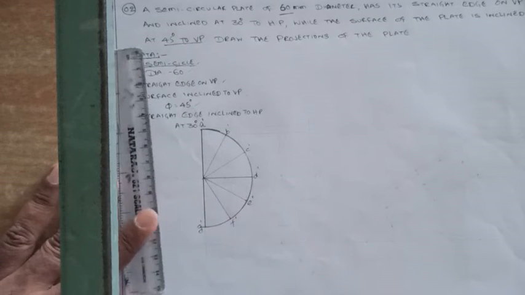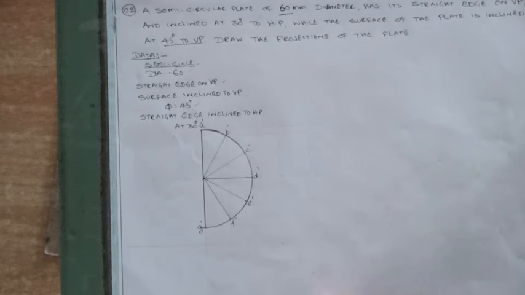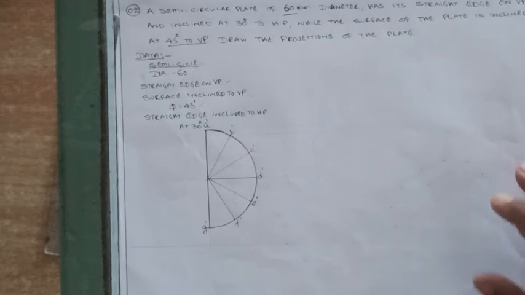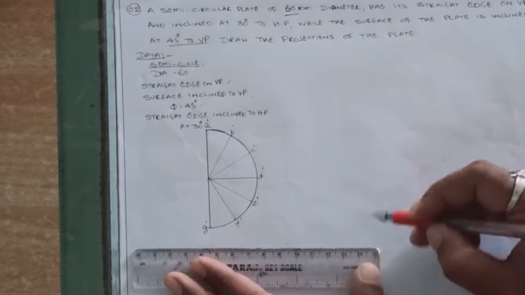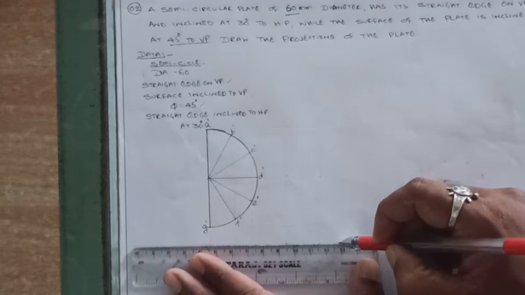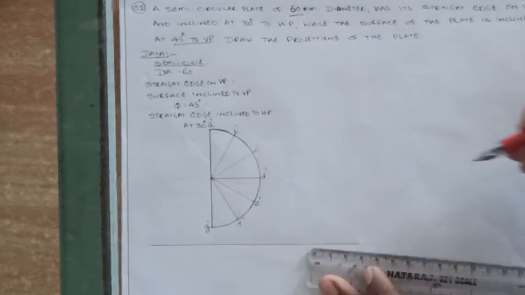Okay, so now before drawing the top view, you have to draw the XY reference line at convenient distance. Here I am going to draw the XY line, reference line.